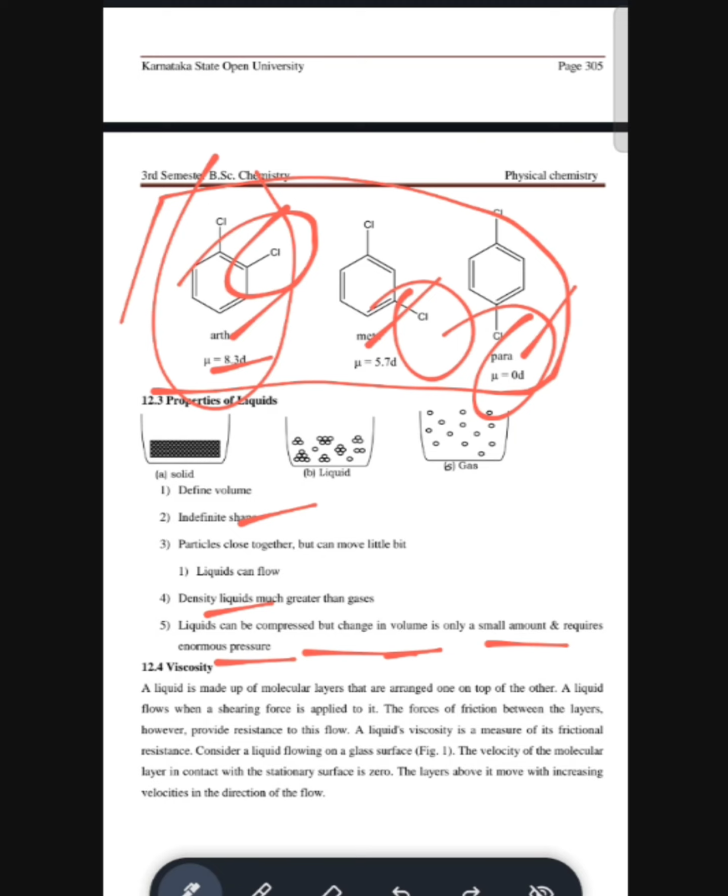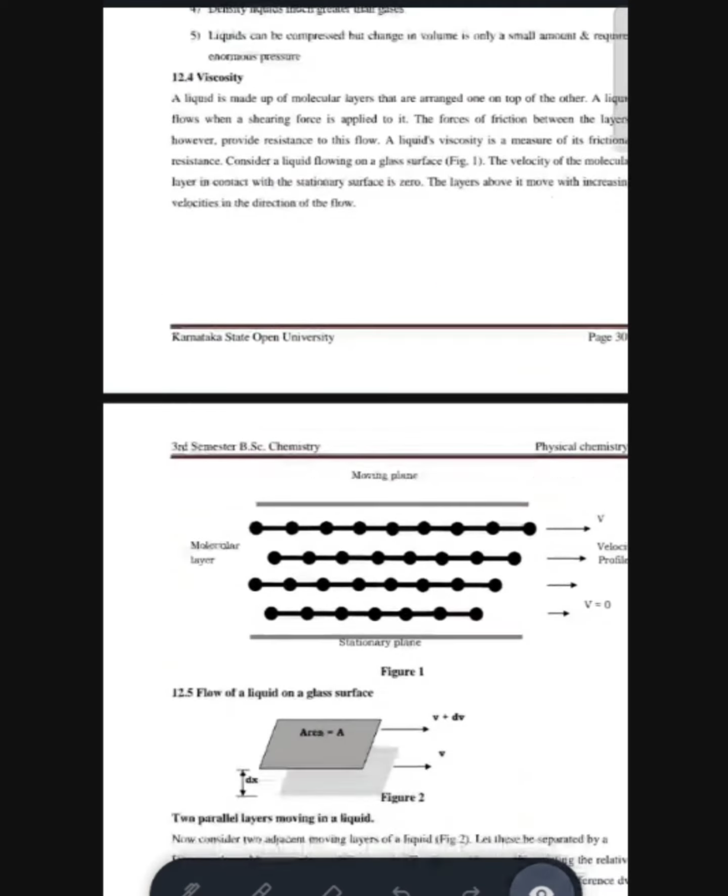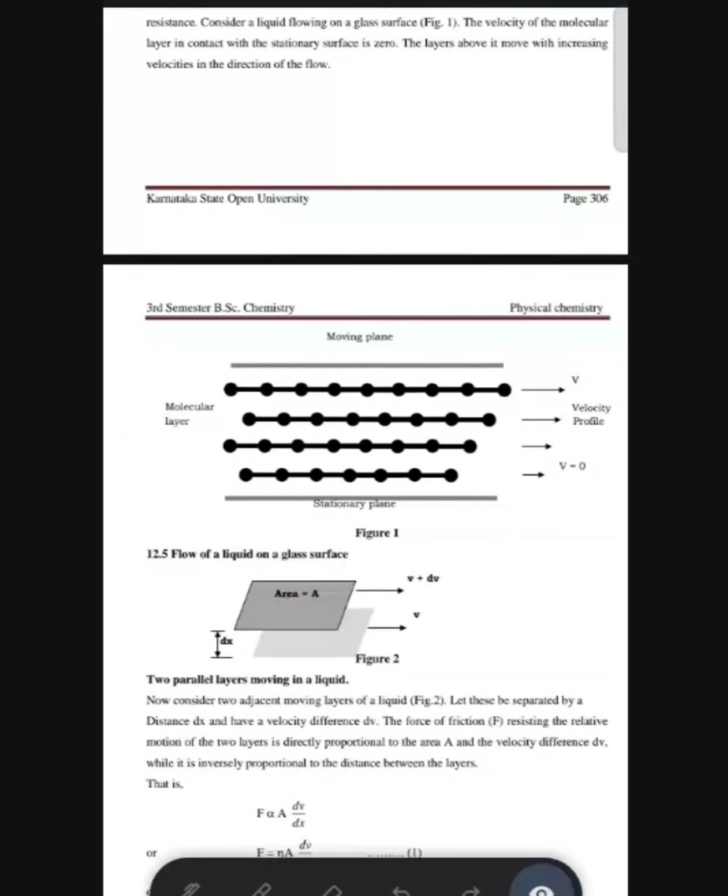So next is viscosity. A liquid is made up of molecular layers that are arranged one on top of another. So this is the structure of liquid. There will be different layers of molecules present, for example in one drop of liquid.